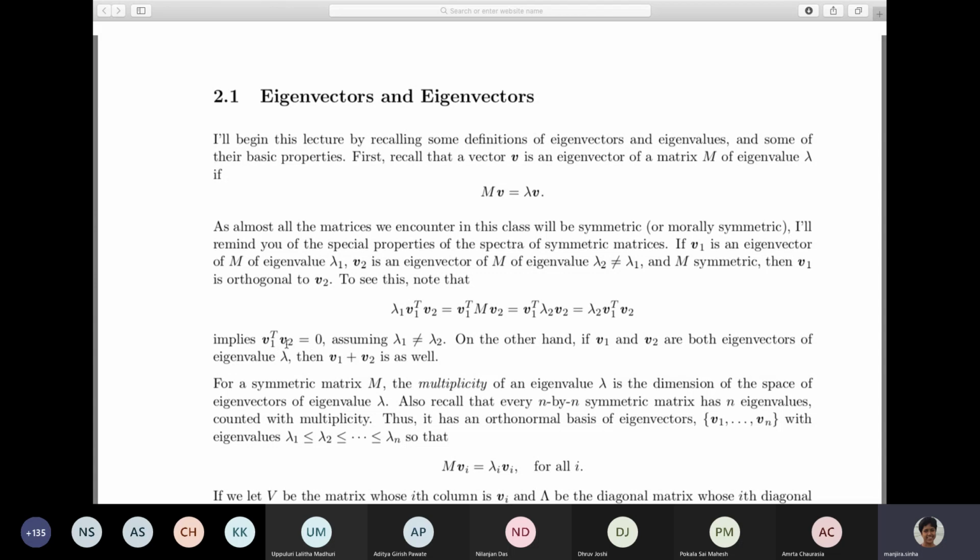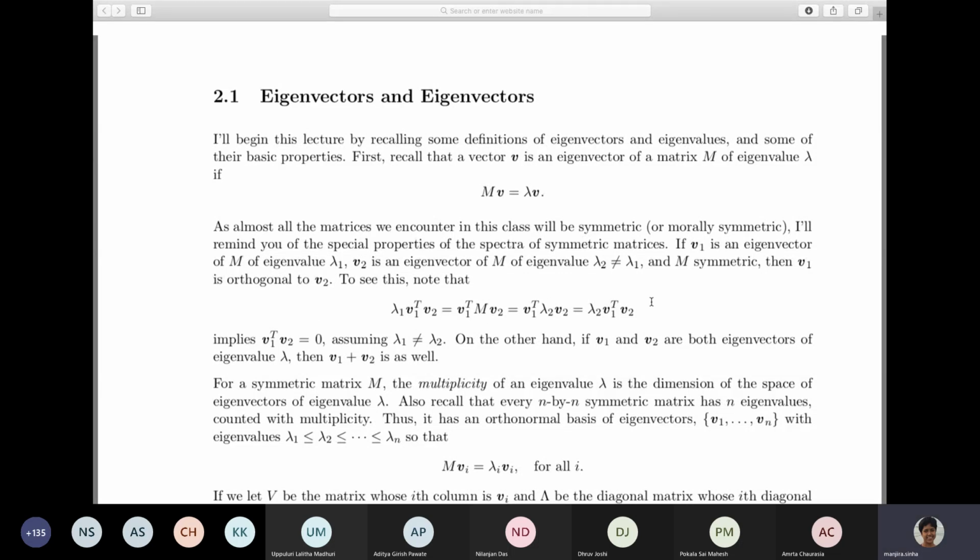It is v1 transpose, because unless you transpose, you won't be able to multiply them because of their dimensions. If v1 is n cross 1 and v2 is also n cross 1, then v1 transpose will be 1 cross n, and 1 cross n into n cross 1 will be a scalar quantity. For orthogonal vectors, those at 90 degrees with each other, their multiplication is 0, right?